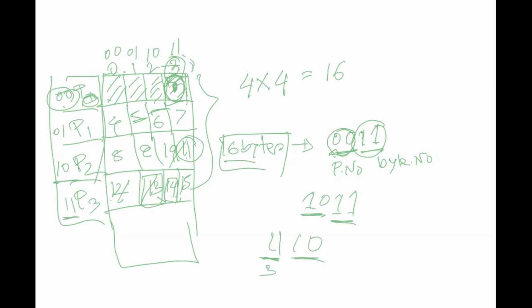So if it is 1111, all 1s, which one will it execute? It will hit process number 3, and then byte number 3, which means the 16th byte. So this is how, when the CPU generates the address, it executes a byte in your process.